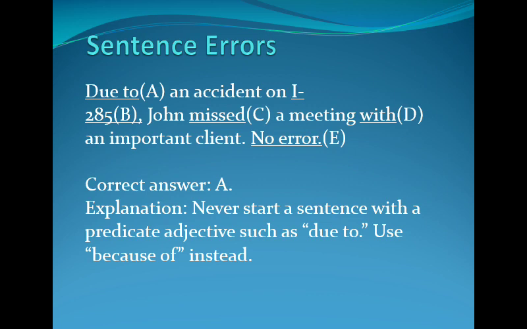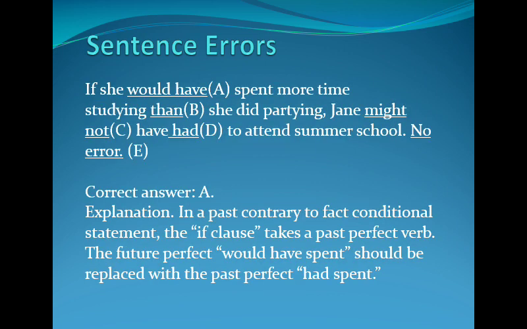Now, as you can see in the explanation, due to is a predicate adjective which cannot be used in the beginning of a sentence. You need to alternatively use because of. So that is the error in the sentence. Due to can be used in the middle of a sentence, but not at the beginning of a sentence as it is a predicate adjective. Let's have a look at one more.